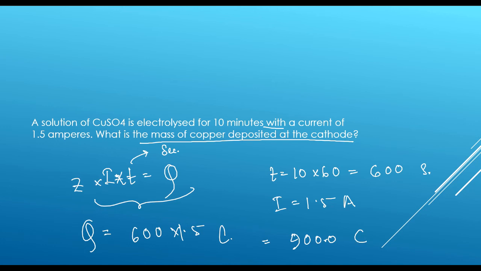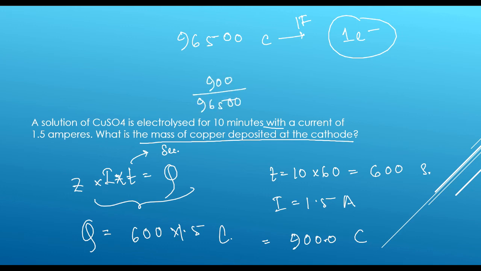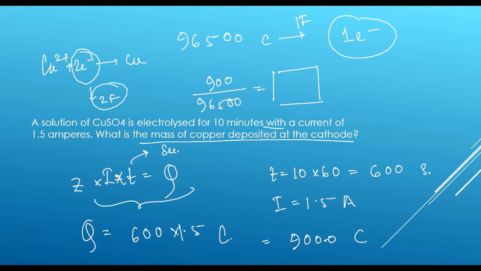Once we have 900 coulomb, we know 96500 coulomb is 1 Faraday, which reflects 1 mole of electrons. So 900 coulomb divided by 96500 gives some Faraday of electricity. For copper sulfate, Cu2+ plus 2 electrons to Cu, for this deposition we need 2 Faraday of electricity.